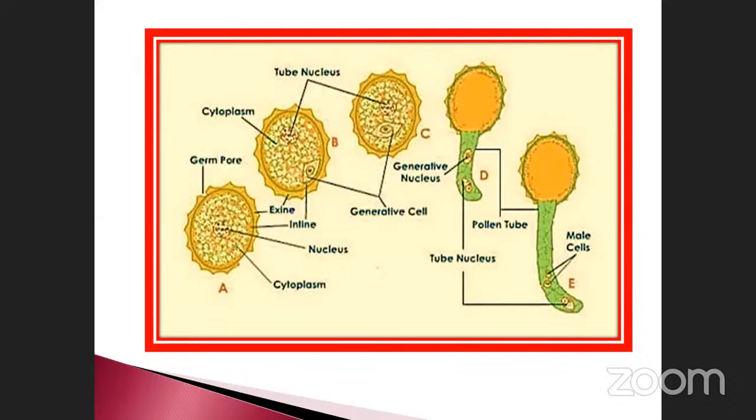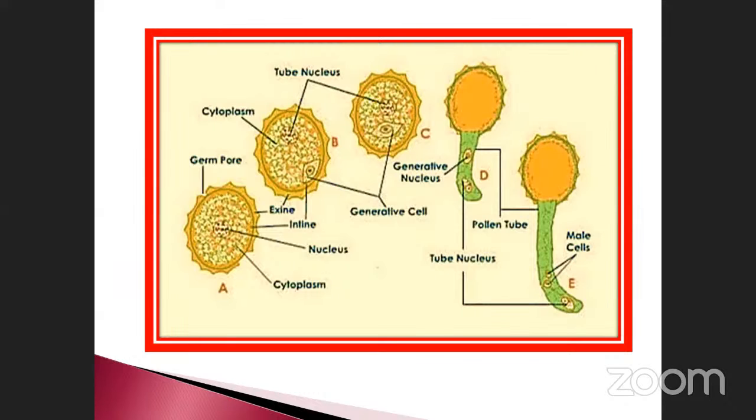The pollen sac contains small pore-like structures. Inside, there is a layer: exine is the outer layer, intine is the inner layer, and the nucleus is also present inside, along with the cytoplasm. Next, see what happened here.